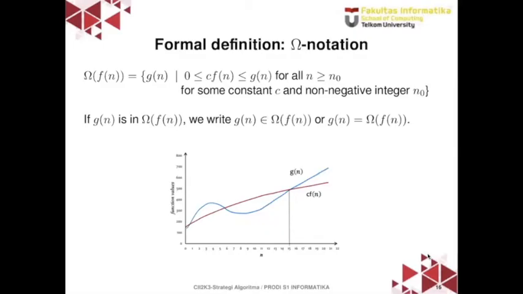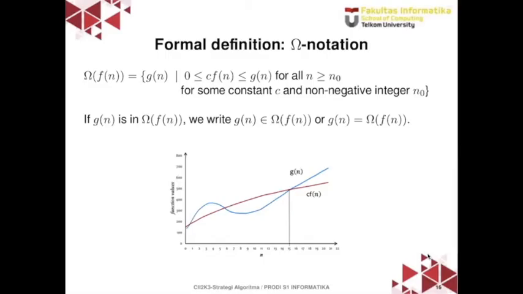Next, big omega notation. In the previous one we have Gn eventually always below Cfn, but for big omega, eventually Gn is always above Cfn.